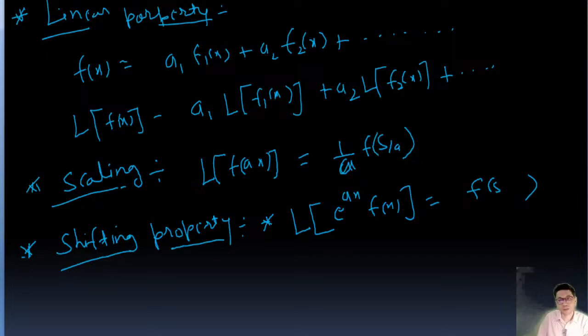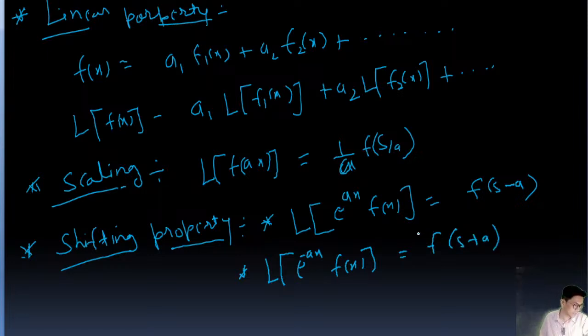So the Laplace transform of e to the power ax f(x) is F(s minus a). Similarly, the Laplace transform of e to the power minus ax f(x) is going to be F(s plus a). This is the shifting property.